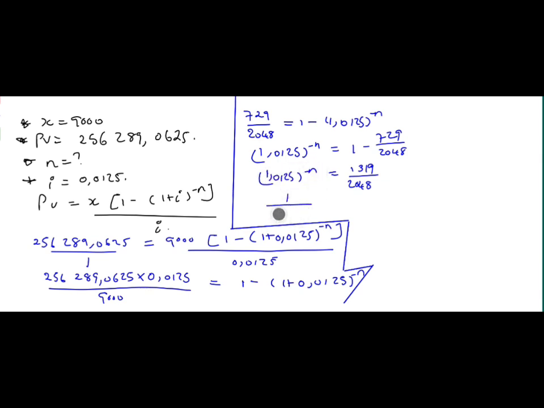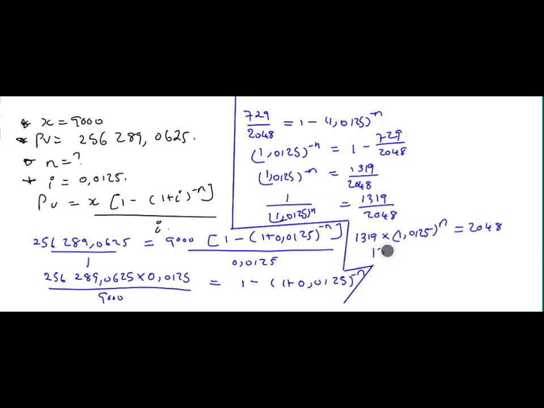So 1 over 1.0125 to the power n equated to that thing there, 1319 over 2048. I'm still looking for n, cross multiply. So 1319 multiplied by 1.0125 power n equals that multiplied by 1, which is 2048.